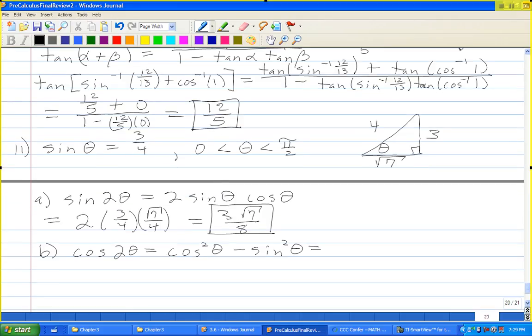And so cosine squared, maybe I'll just do cosine, so rad 7 over 4 squared minus sine, which is 3 over 4 squared, is 7 minus 9, a negative 2 over 16. Negative 1 over 8.